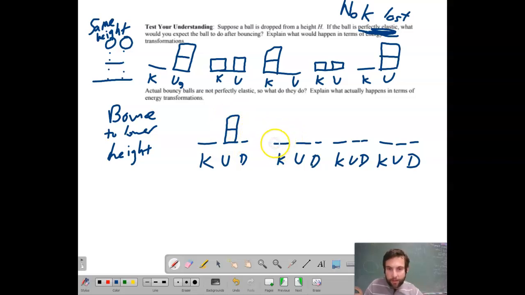Here we have 1 and 1, they're both equal, no dissipated energy yet. At the point of the collision, we're going to have kinetic energy. Just after the collision, we're going to have some kinetic energy and some dissipated energy. That's how I would show it.